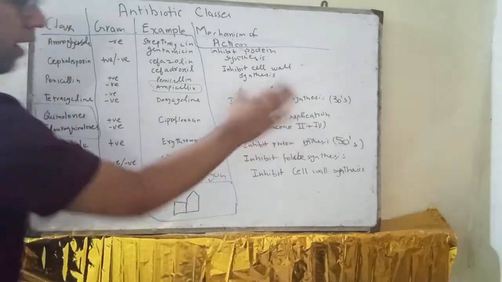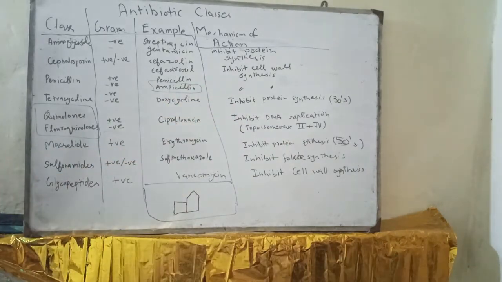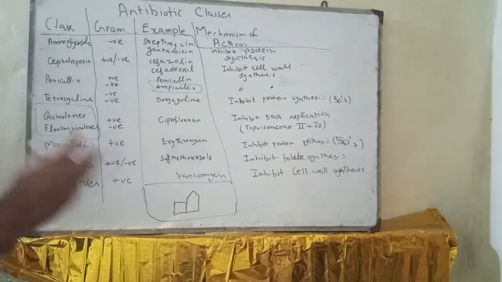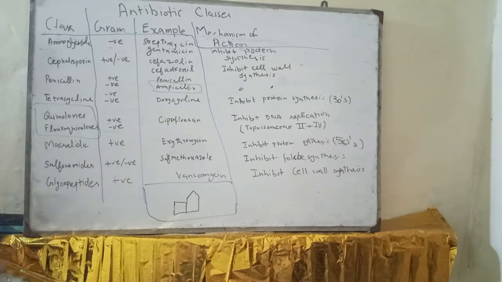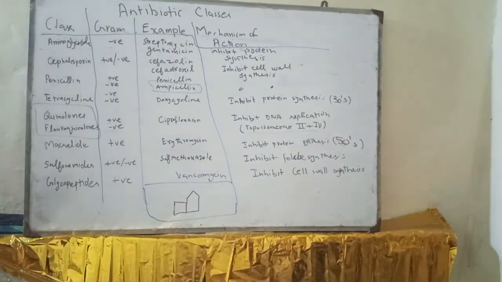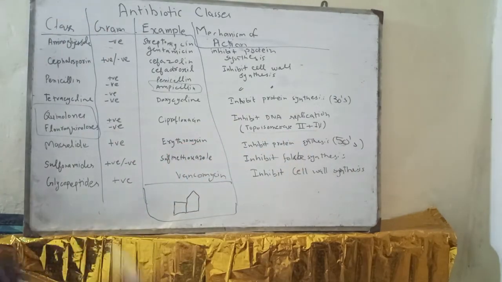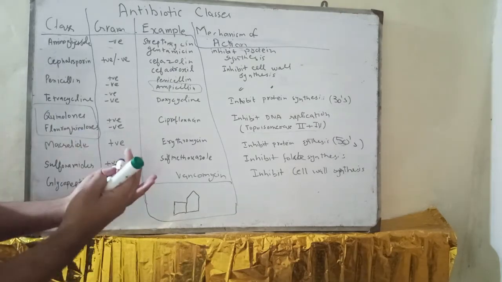They inhibit DNA replication by inhibiting topoisomerase 2 and 4. Topoisomerase is an enzyme that unwinds the DNA, or removes the supercoiling of the DNA. So by inhibiting topoisomerase 2 and 4, they can easily kill bacteria by inhibiting the DNA replication, because the DNA is a double helical structure.